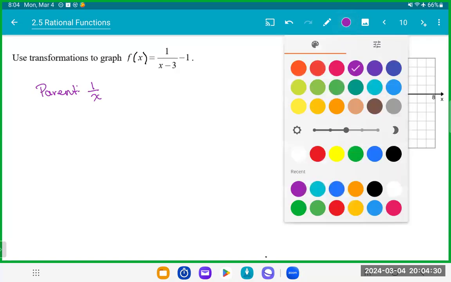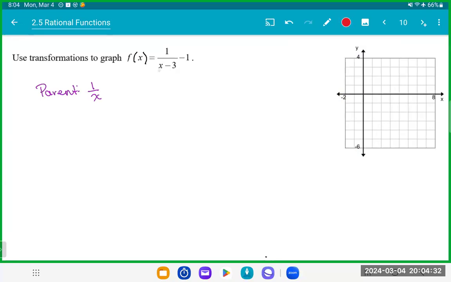So if you look at this right here, that tells us that we shift right 3 units, right? So that means then that we have this new vertical asymptote at x equal to 3, okay?